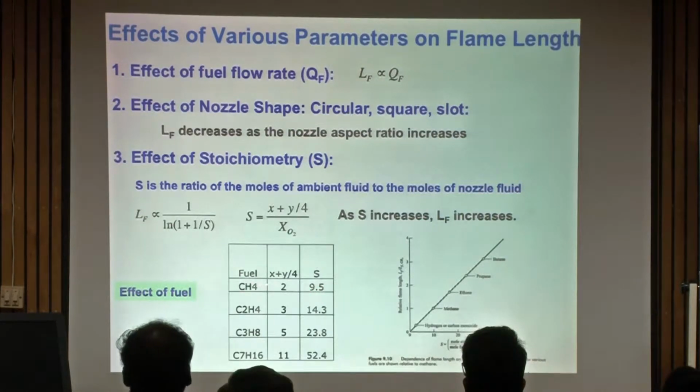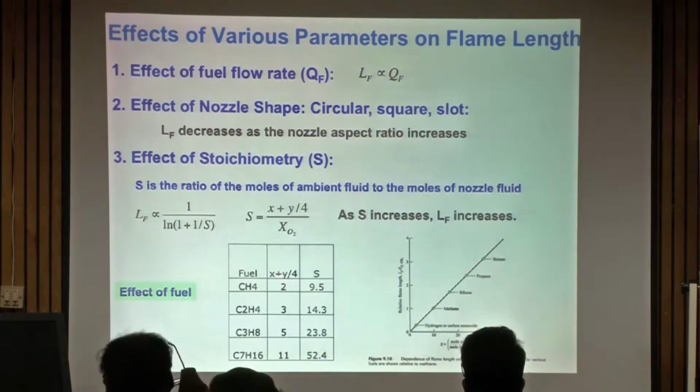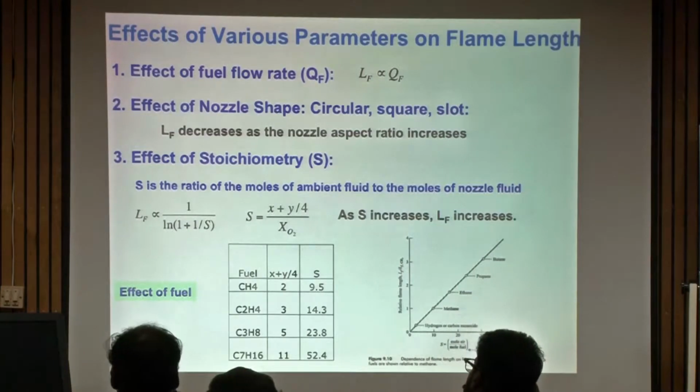So what you see from here is the effect of fuel. For methane, this is just a value, right? x plus y over 4. You have to multiply by 4.76. Remember that? This value represents the moles of oxygen.